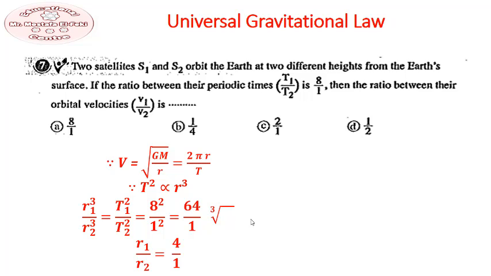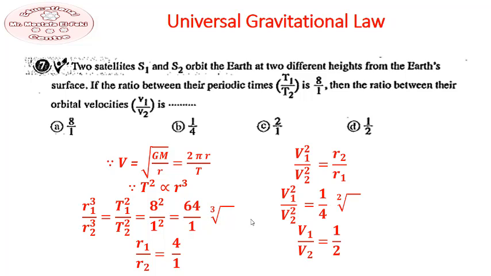Then R1 over R2 equals 4 over 1. Since the relation between the velocity and R is inversely proportional, V square 1 over V square 2 equals R2 over R1, which equals 1 over 4. By taking the square root of the two sides, V1 over V2 equals half.